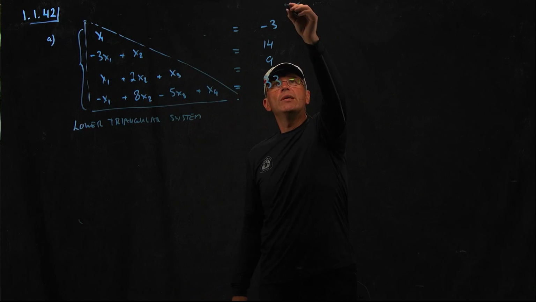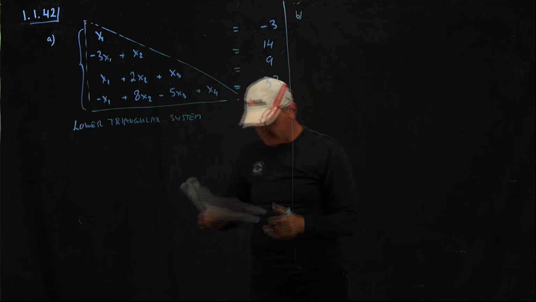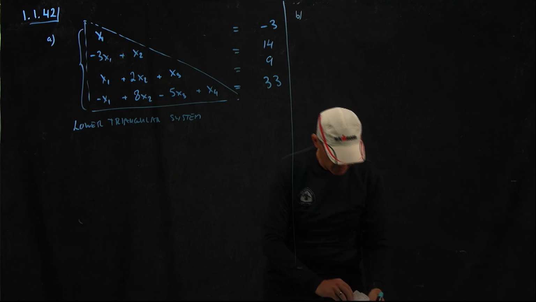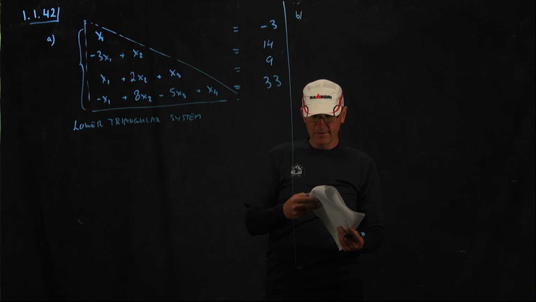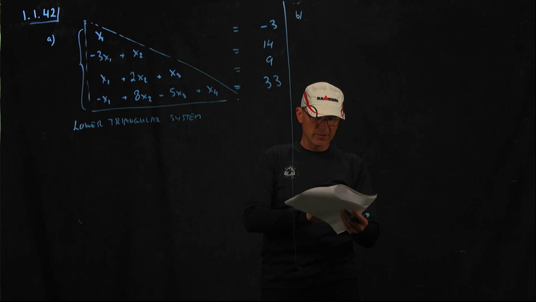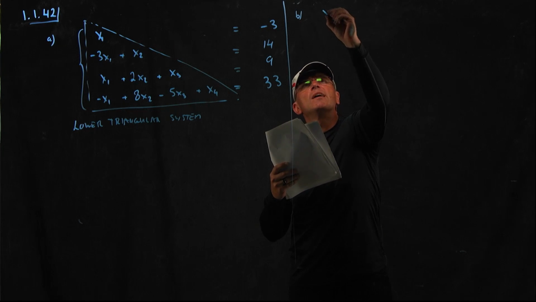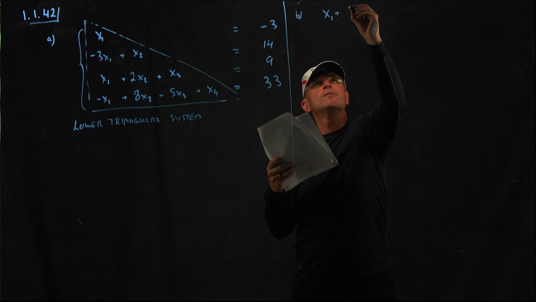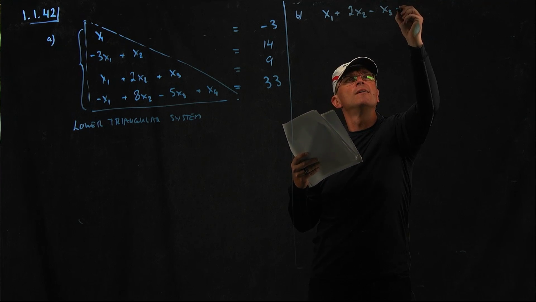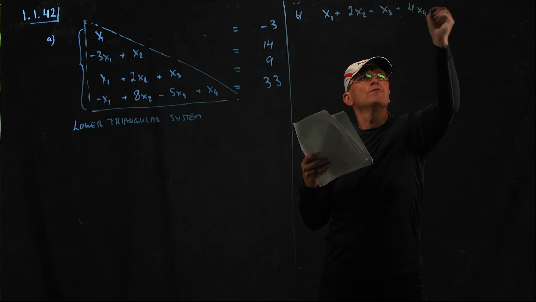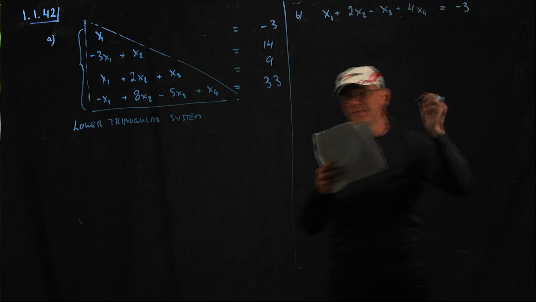And for part B, let's just write this out right away. We have something similar. It helps if you look on the right page of your notes. Otherwise, things get very strange. So we have x1 plus 2x2 minus x3 plus 4x4 equals -3.